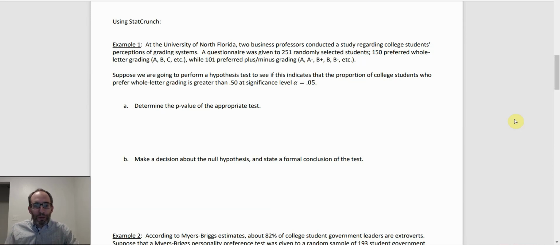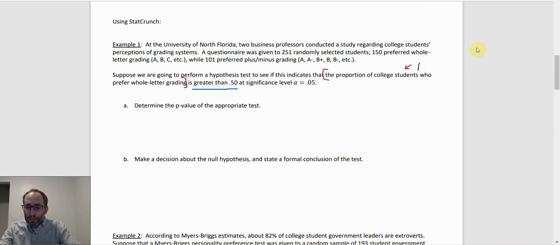Anyway, we're going to do a hypothesis test to see if this indicates that the proportion of college students who prefer whole letter grading is greater than 0.5. So that's what we're looking for evidence of. So P, which I'll do in maroon, is the proportion of college students who prefer whole letter grading.